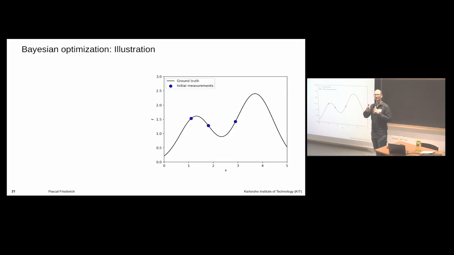If we look at the gradients, someone suggested gradients earlier, we could now also look at the gradient here. So we could vary this point a bit, we could vary this point a bit, we could vary this point a bit. Then we could already see that going near this here means we have to go in between because the gradient is here going up a bit. So gradients could help, but they're not necessarily very data efficient, because even in this scenario, you already need 1 or 2 additional experiments to get the gradient.